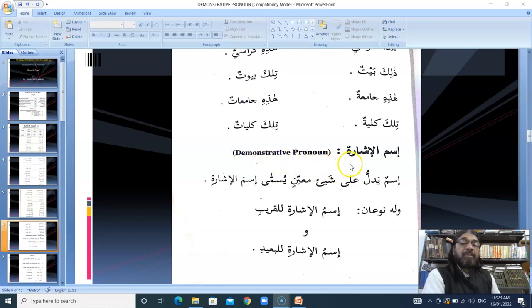Then the definitions are being given here. اسم الإشارة, demonstrative pronoun. What is demonstrative pronoun? اسم يدل على شيء معين يسمى اسم الإشارة.